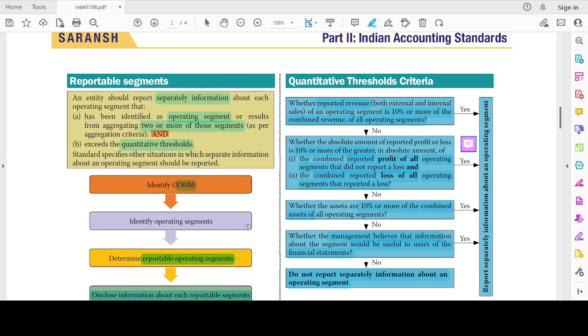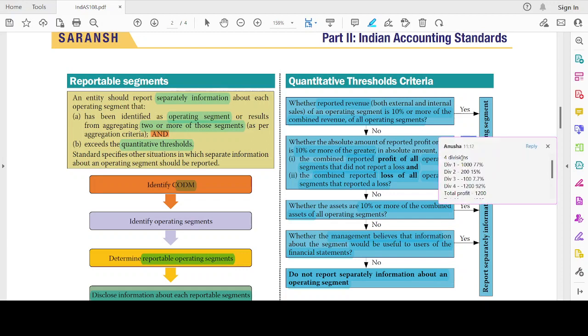If yes, move on and report it as an operating segment. If no, check whether the absolute amount, meaning signs should be ignored, that is, both profit and loss, only the amounts will be taken, is 10% or more of the greater, in absolute amount, of the combined profit of all operating segments and the combined loss. Let's have an example here.